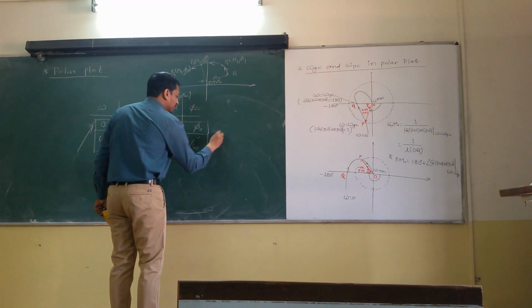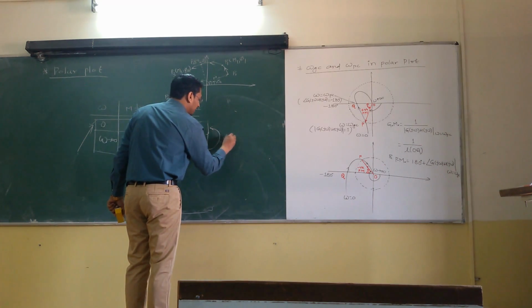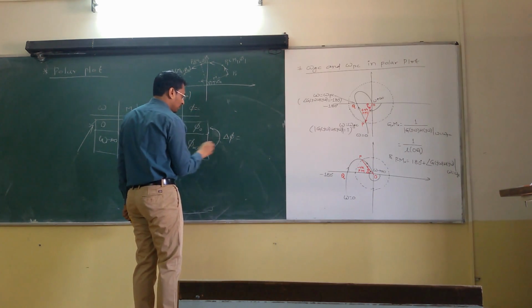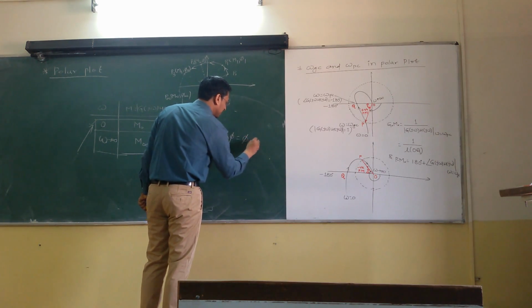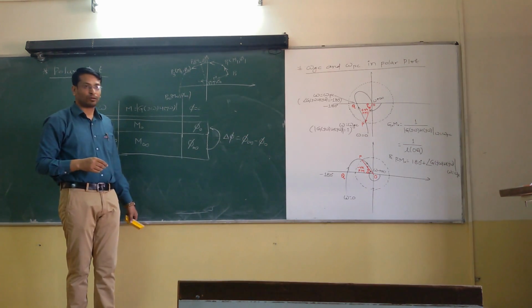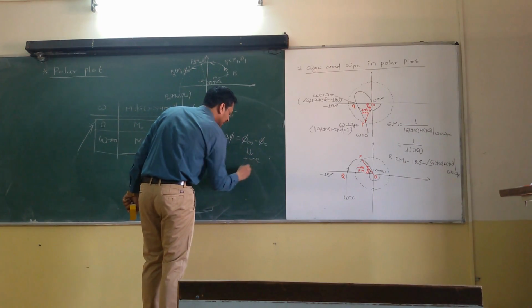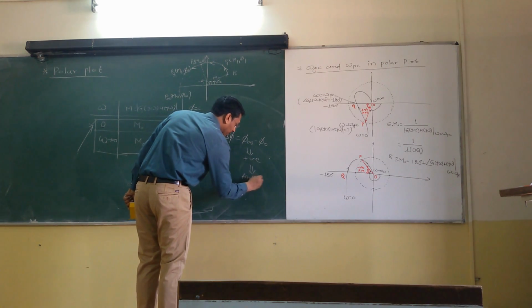Find the angle difference. Delta phi means final point minus initial point. Delta phi is equal to phi infinity minus phi 0. And if it comes out to be positive, once again it will be counterclockwise or anti-clockwise.